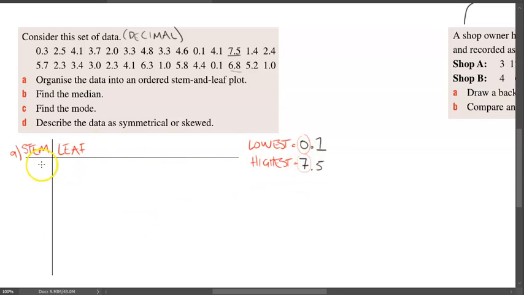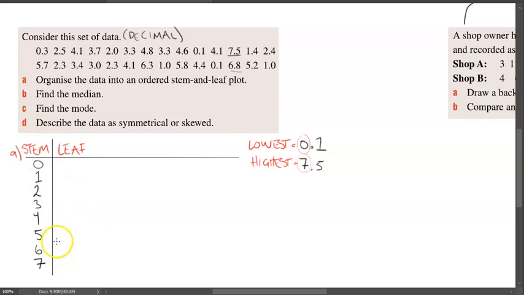So the lowest is 0, and we're going to put every single number in between 0 and 7. Try to make it as evenly distributed as you can. If you're doing this in your exercise book, obviously use each line as a guideline.